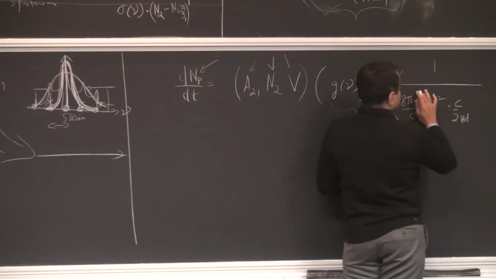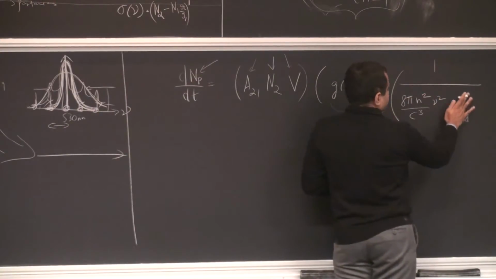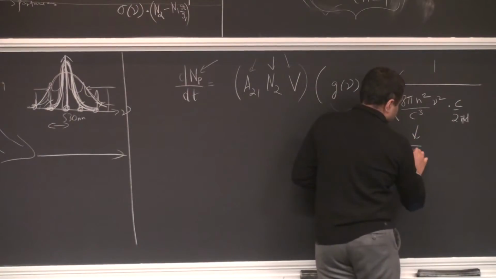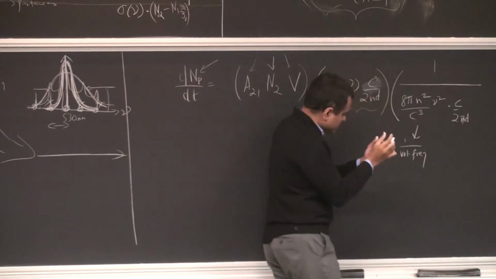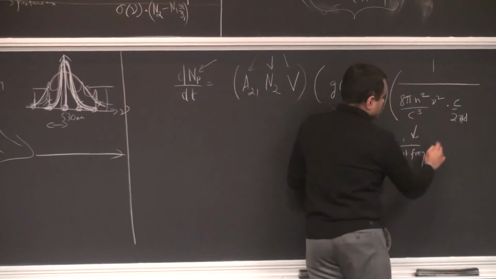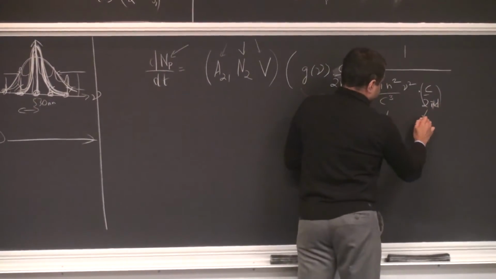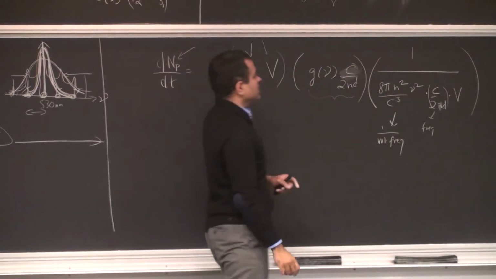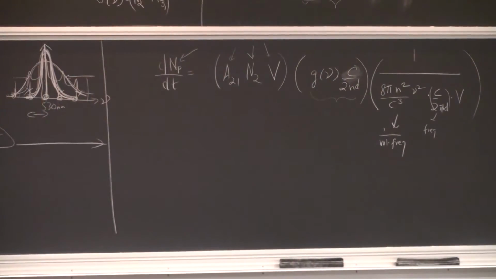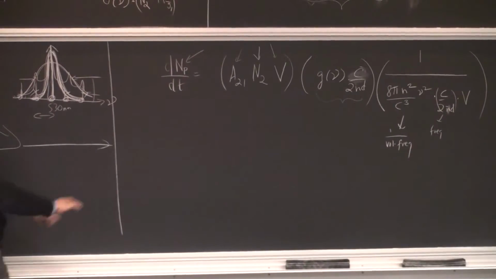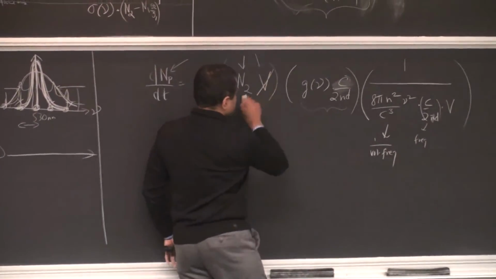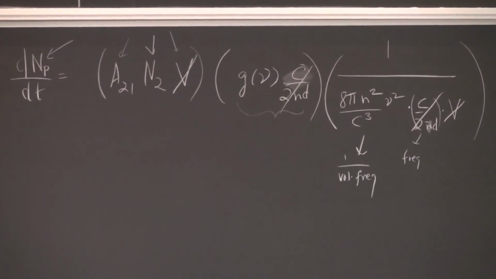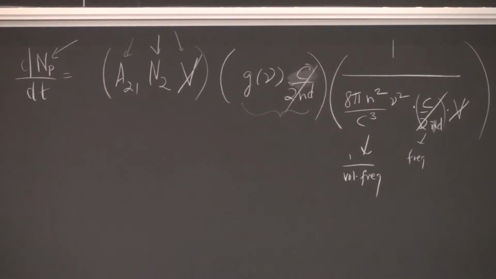This is the volume density, frequency, volume and frequency density. Remember, this is 1 over volume times frequency, or frequency window. That's your photon density of states. This is the frequency window over which you are looking at, and finally the volume must also appear. So that's your total rate of change of photons due to spontaneous emission, the whole thing. And then your volume and volume just go away, FSR go away, and you're left with something much simpler, which depends on the line shape and all.